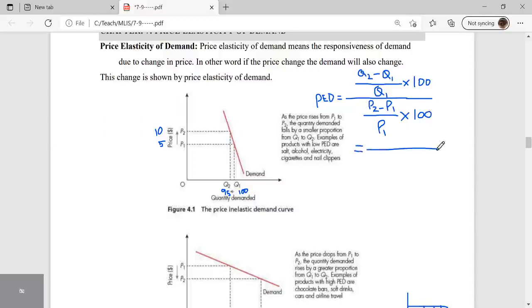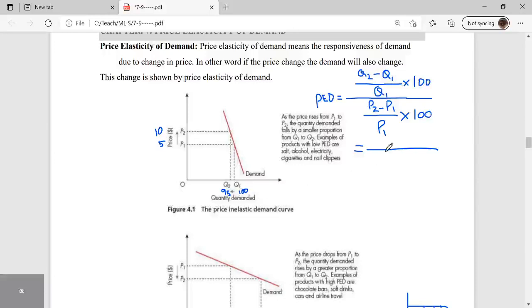Okay, so we can break down the formula like this. The above part is percentage change in quantity demanded, and the lower part is percentage change in price. Q2 means new quantity and Q1 means old quantity. So see what's the new and old quantity over here.